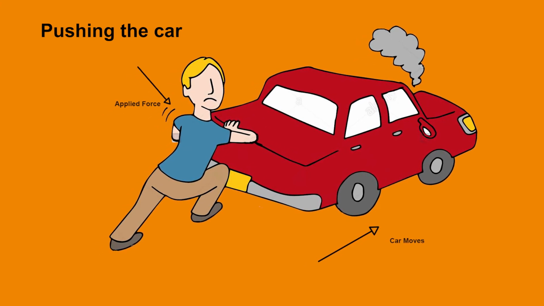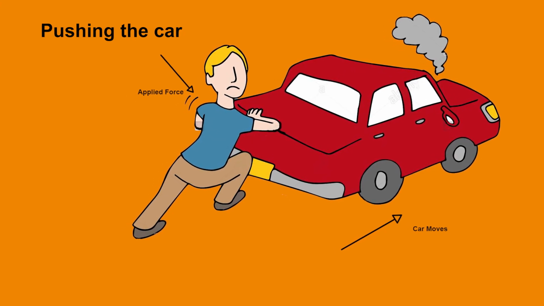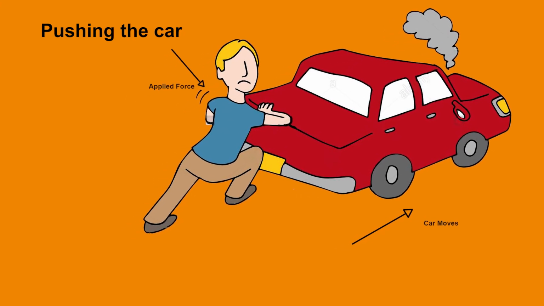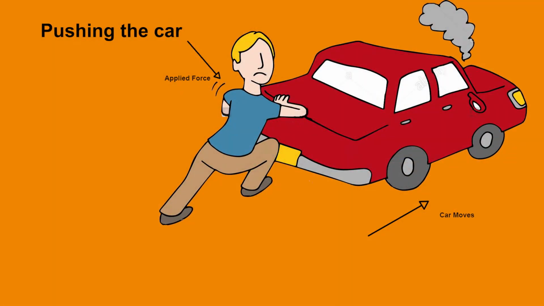You have learned in your previous lesson that the layman's understanding of a force is that it is a push or a pull, which refers to a very specific action. Force acts on an object. This implies that when we pull or push, there is an object that receives it.